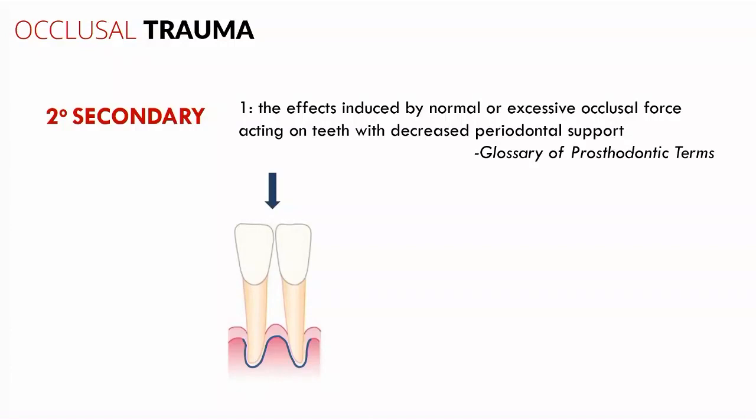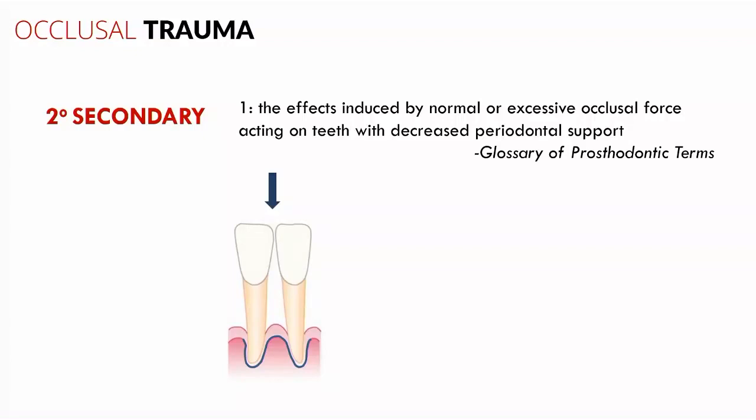That's sort of irrelevant. We're just looking at the presence of bone loss or attachment loss, however you want to phrase it, and it's that example of digging up dirt around a tree. So if that is present and you can identify bone loss around the teeth, and then you have occlusal trauma, we're going to consider that secondary occlusal trauma, okay? So that most recent example with all the bone loss, that's a classic secondary occlusal trauma scenario.